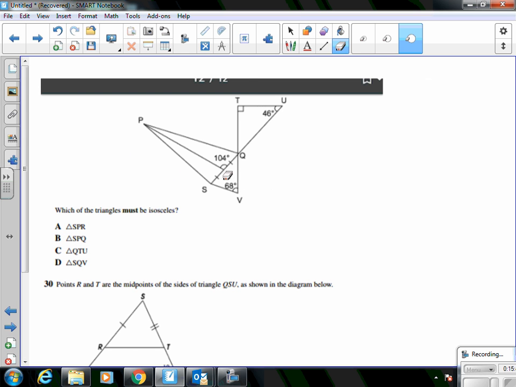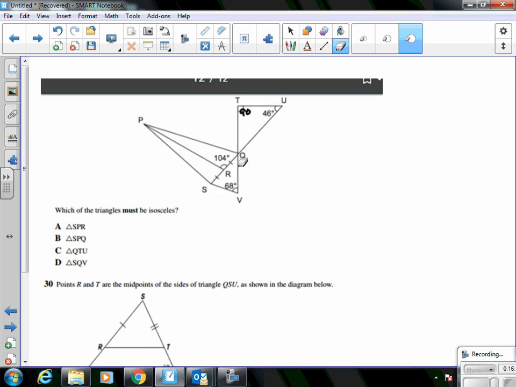29. Looking at this figure here, we want to figure out which triangles must be isosceles. So if I start up here at the top, we've got a 90-degree angle here, 46, and then we don't know what this angle down here is. They don't give us much information about the sides, but if you have an isosceles triangle, it has two congruent sides, and it should also have two congruent angles opposite those sides.